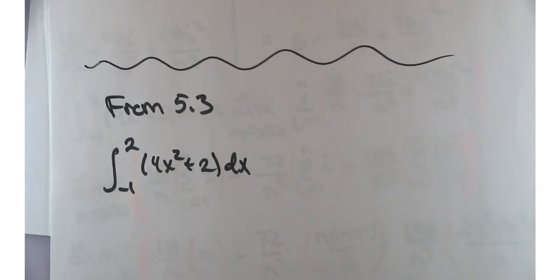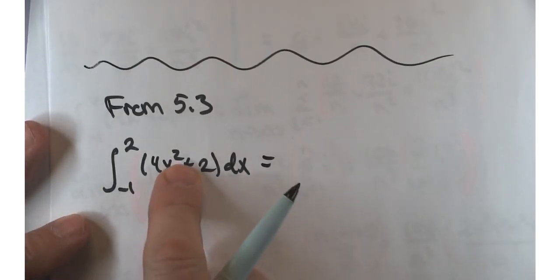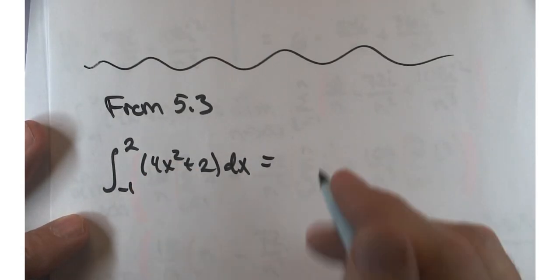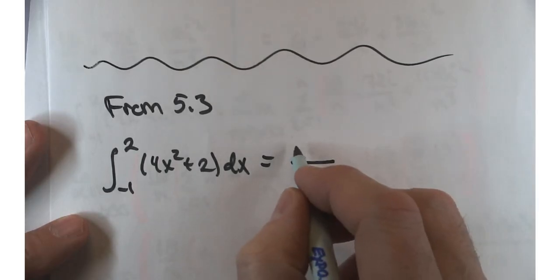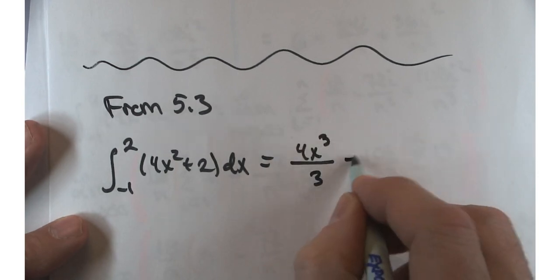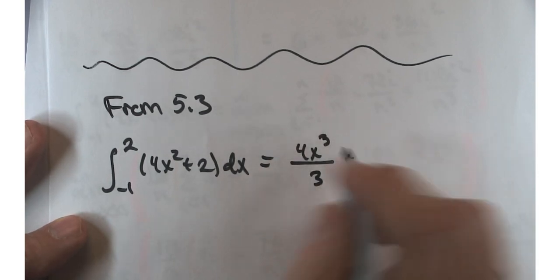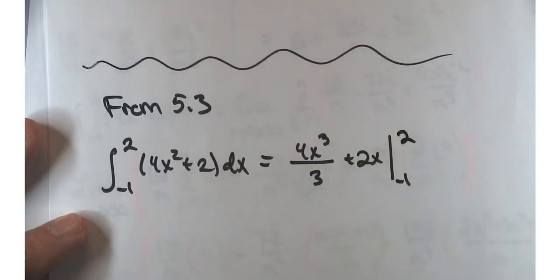Start out by finding an antiderivative. Okay, let's see. Going to add 1 to the exponent and divide by that same exponent. Alex, what would that give me, please? 4x cubed over 3. Nice. 4x cubed over 3 plus 2x, between -1 and 2.